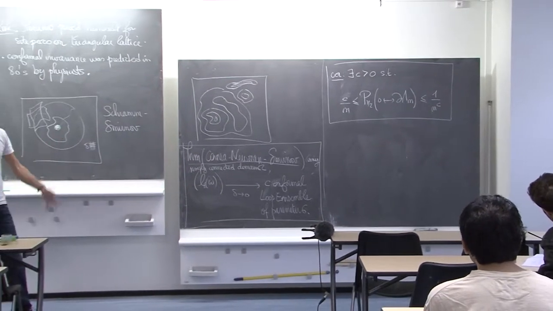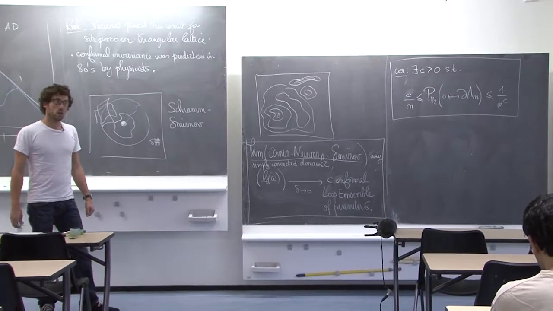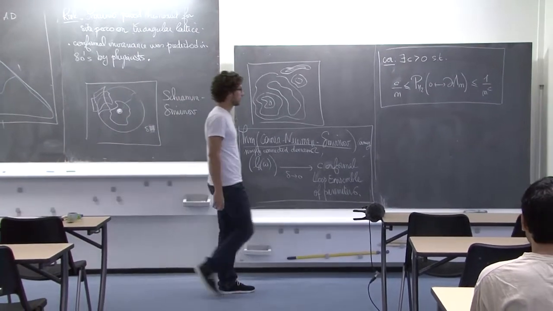In fact, you really decay like a polynomial. And this is a consequence of the Russo-Seymour-Welsh theory.